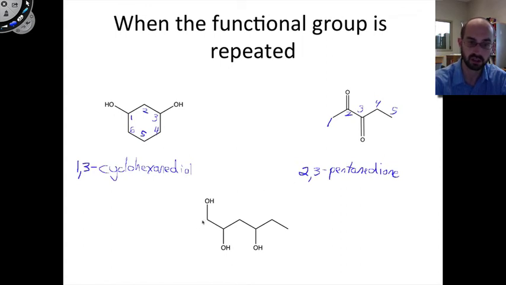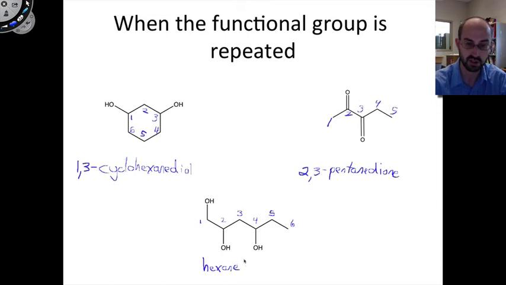And here, 1, 2, 3, 4, 5, 6. And I chose left to right so that with this alcohol we'd have 1, 2, 4 rather than, what would this be, 3, 5, 6. So we want the lowest numbers possible. So this is 6 carbons, so hexane is the parent.